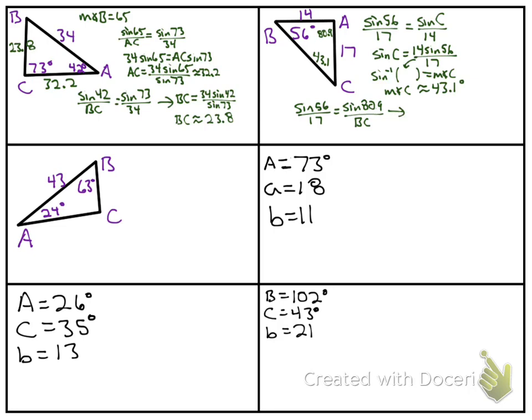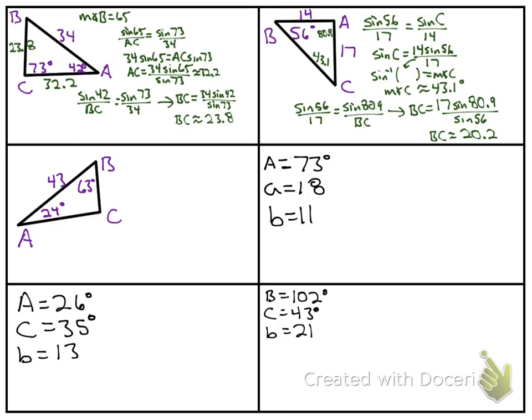Rearranging the proportion, BC is equal to 17 sine of 80.9 over sine of 56. So 17 sine of 80.9 divided by sine of 56, and we get about 20.2.